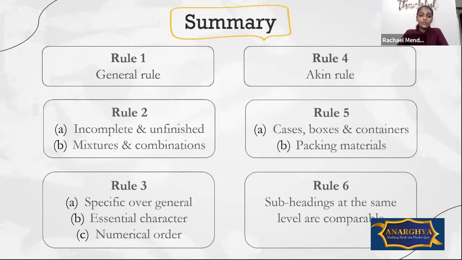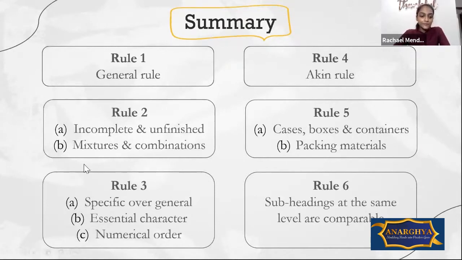Rule 2B was concerned with mixtures and combinations and only laid a basis. It said that if your product has multiple components which are classifiable under multiple headings, then classification has to be undertaken as per the next rule, that is Rule 3.